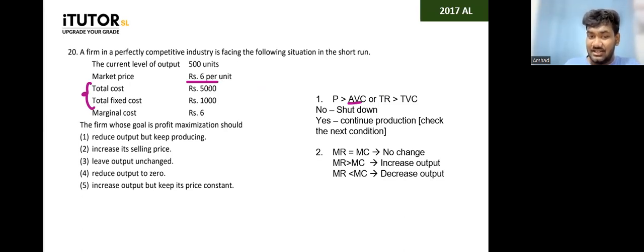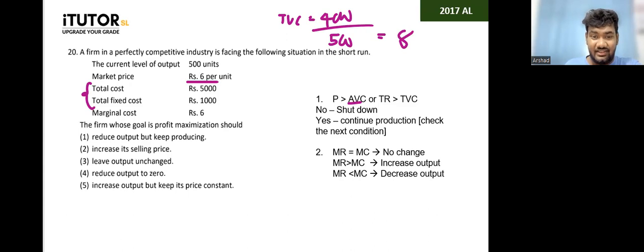Total cost is 5,000. Fixed cost is 1,000. So total variable cost is 4,000. Total variable cost divided by the number of units will give you the average variable cost. How many units? 500. So how much is your average variable cost? Average variable cost is 8.